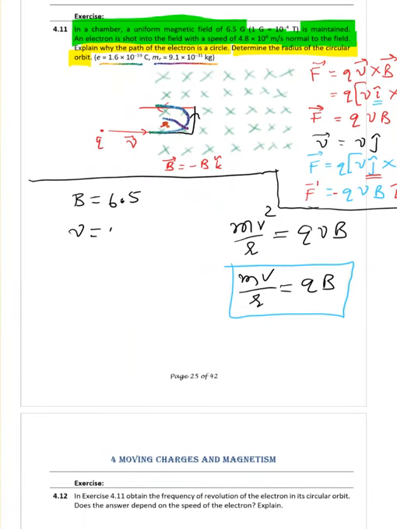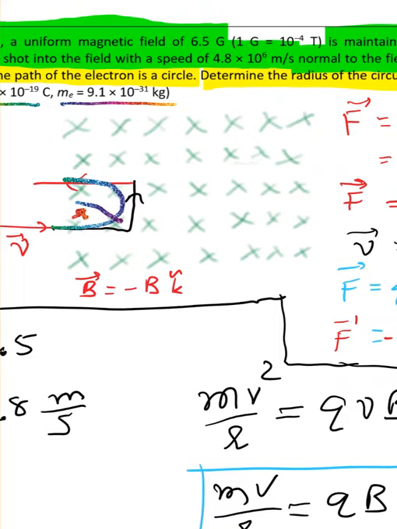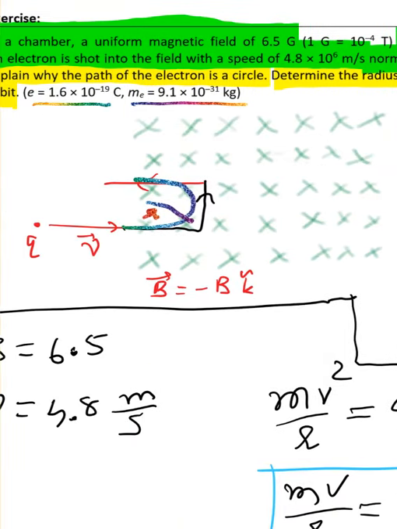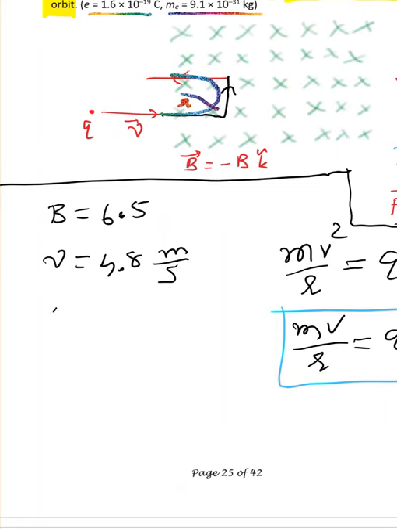So v is 4.8 into 10 raised to 6 meter per second. And then what are we asked to find out? We are asked to find out why the path of the electron is circular. That is already explained. Determine the radius of the circular orbit. So r is to be calculated.